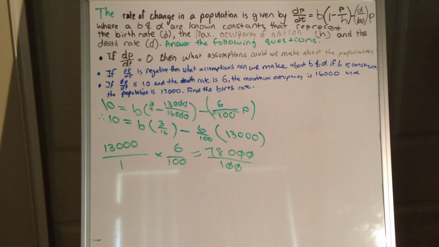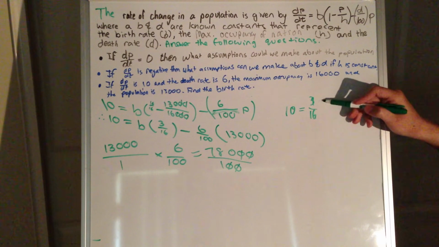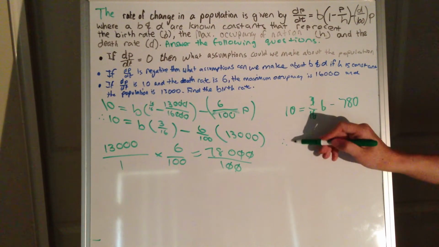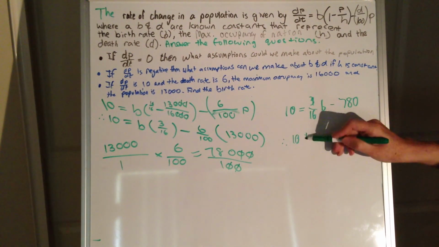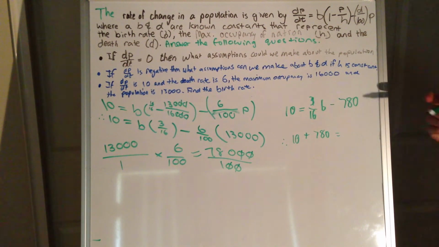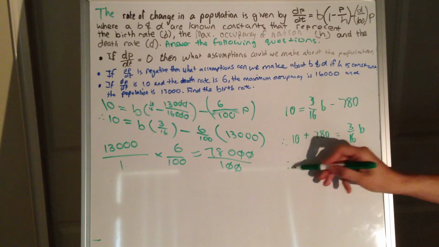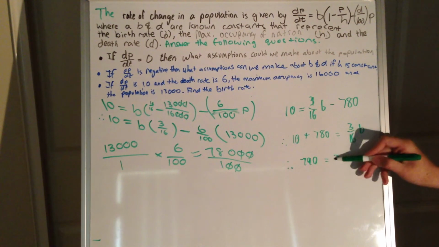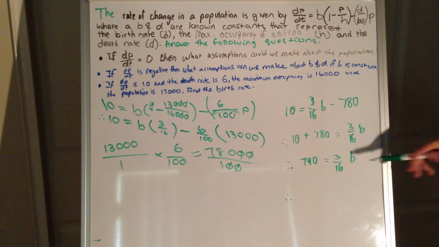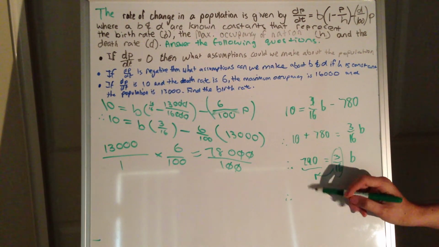But now what we do is we simply have 10 equals 3 over 16 lots of b, and then we take 780, so therefore we get 10 plus 780, because again we're moving it to the left-hand side of the equation, so we're inversing the operation, equals 3 over 16b, so therefore 790 equals 3 over 16b, and again we want to be able to get b on its own, so we need to take this from the numerator on that side and put it into the denominator on the other side.